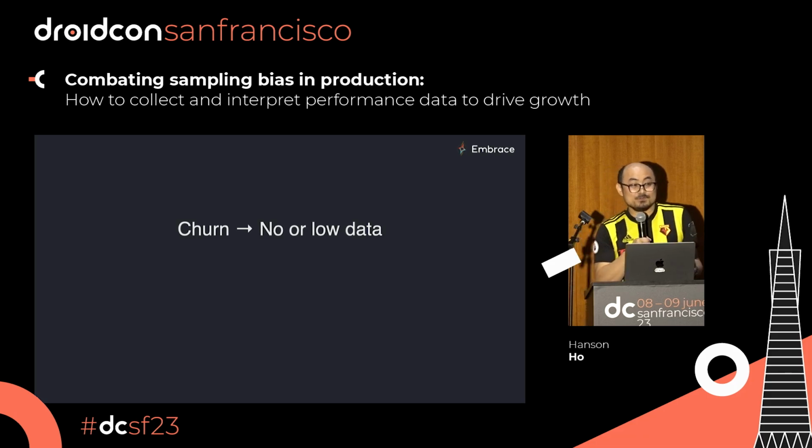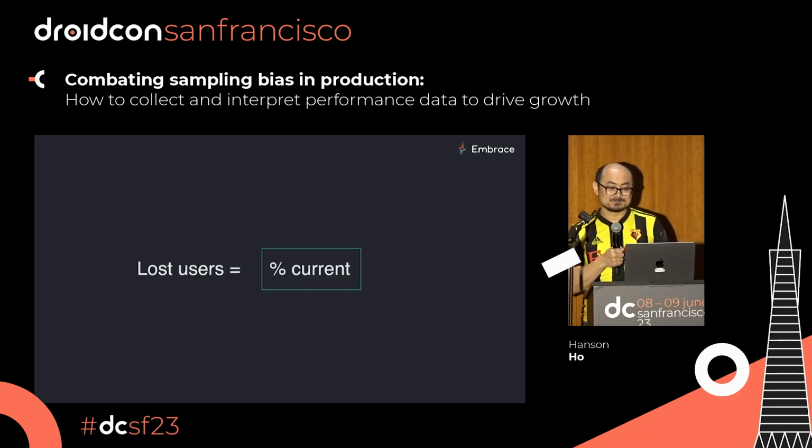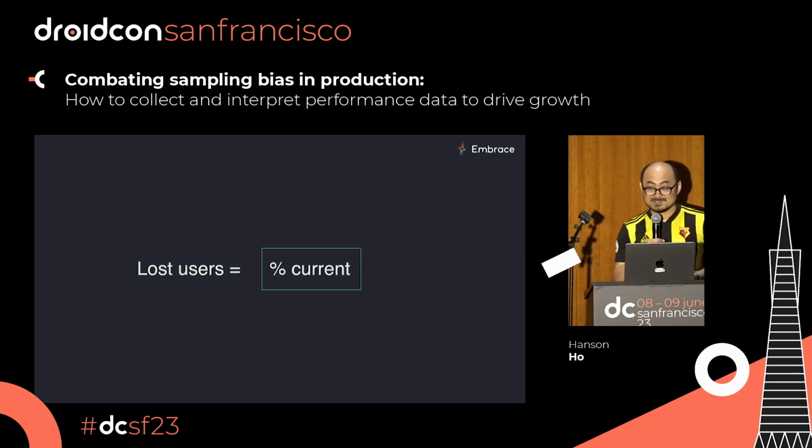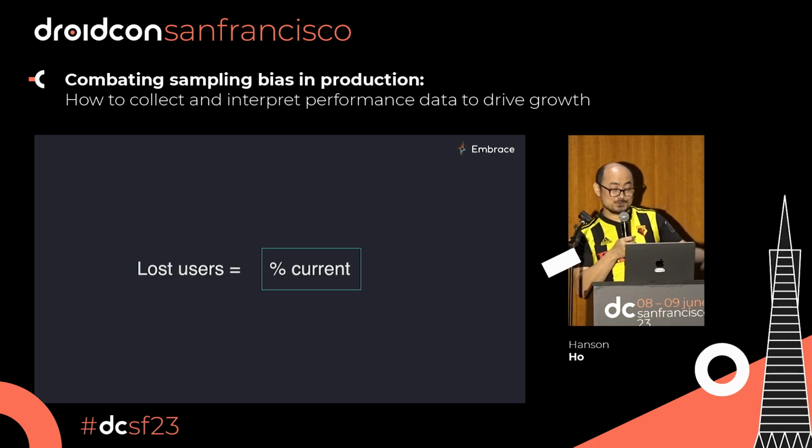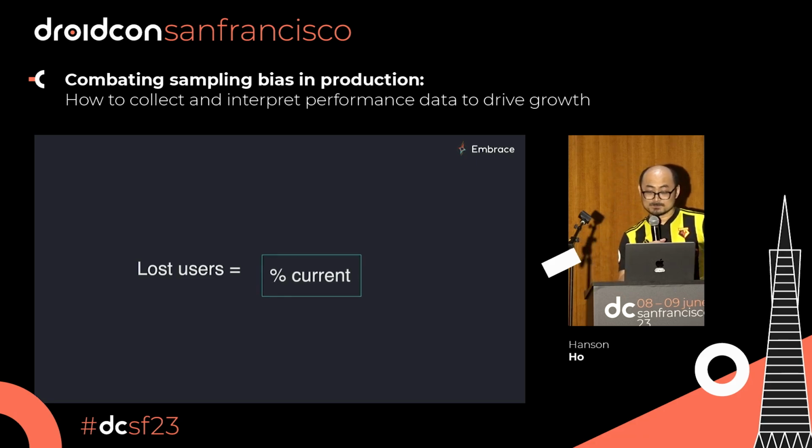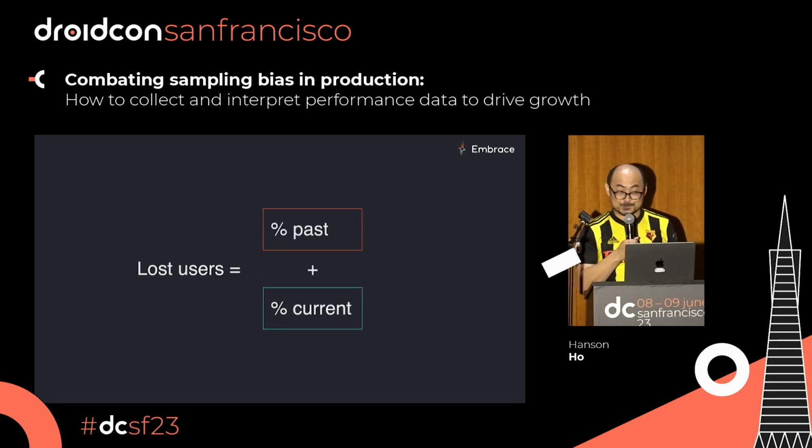That means the people you've lost are not in your perf metrics or represented as a fraction of your regular users. Lost users are a percentage of your current users who will give up in the future because your app is too slow. But it is also users you've lost in the past who once used your app, but no more because of bad performance.